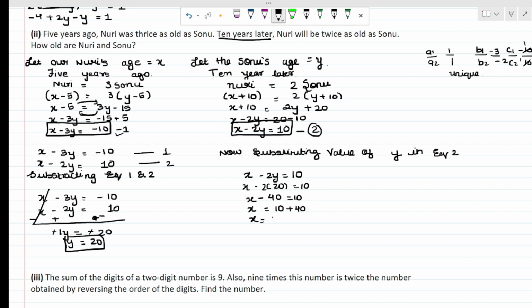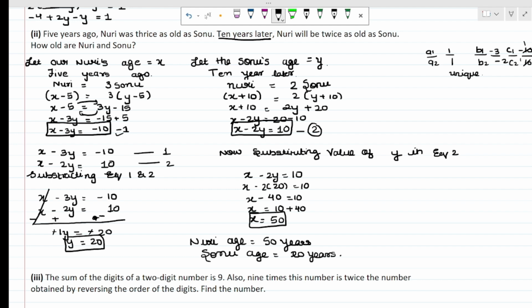So, Noori's age is 50 years old and Sonu's age is 20 years old. So you can write over here, Noori's age is equal to 50 years and Sonu's age equals 20 years. Okay, 20 years.